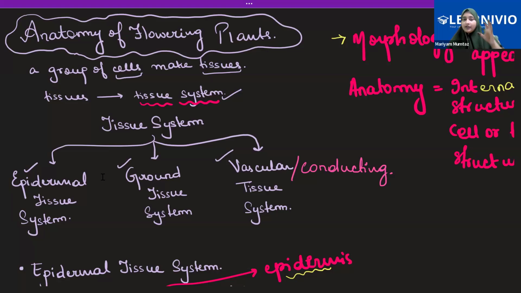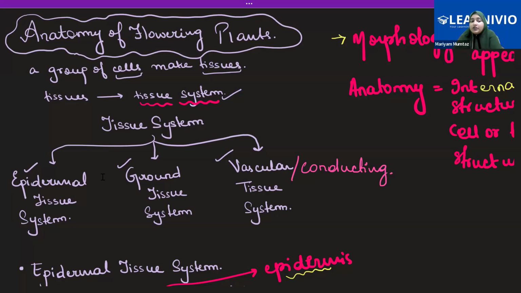Now, you have to understand every word in order to understand the topic. So, epidermal tissue system. What is epidermis? Epidermis is the outermost layer of anyone's body, whether it is humans, plants, or anyone. Epi means on or outside. Dermis or derma means a layer, right?